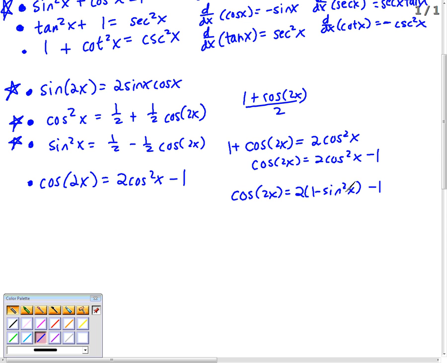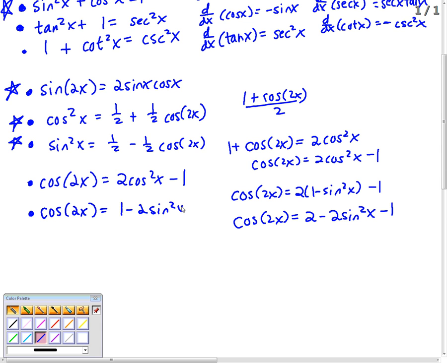Yes or no? So this is 2 minus 2 sine squared x minus 1. If you clean that up, what do you get? 1 minus 2 sine squared x. Okay. And you notice if you check in your book, there are 3 of them that are equal.